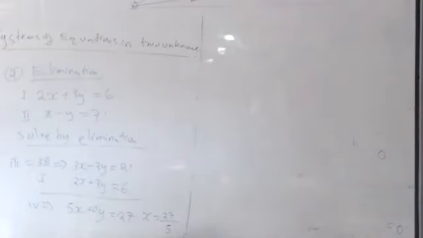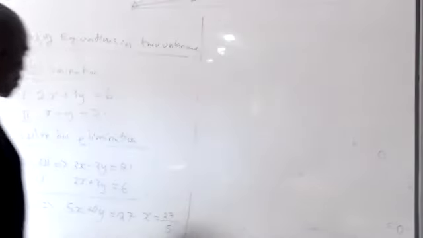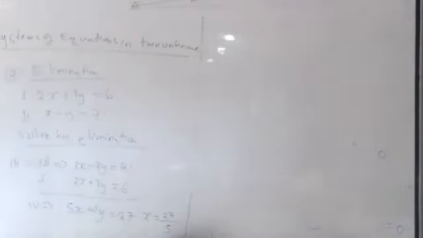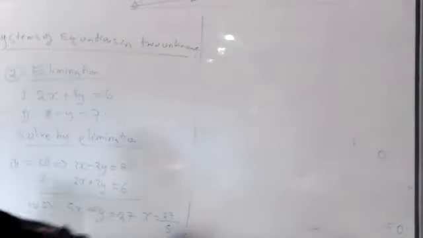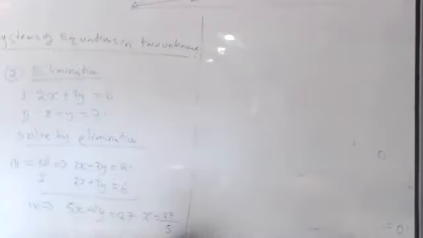No, the other one was different. The other one was x plus y. Sorry, the first equation was 2x plus y is equal to 6, and then x minus y is equal to 7. Okay, let us just carry on with this and see.